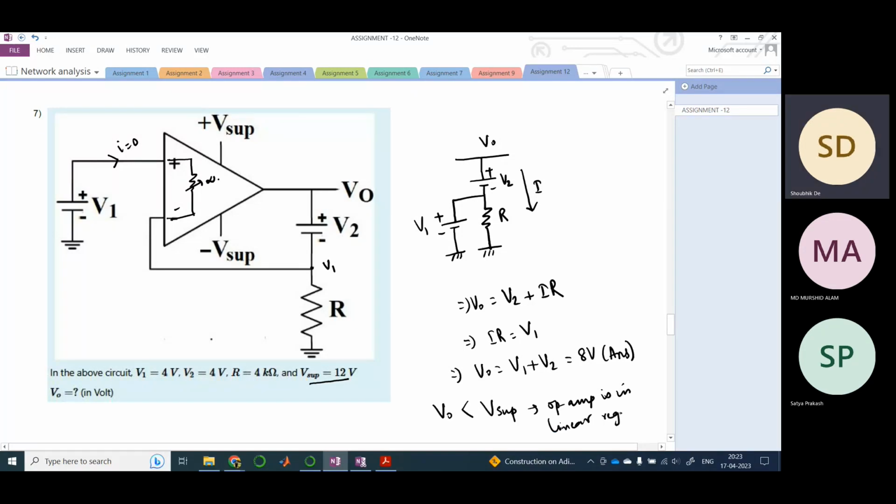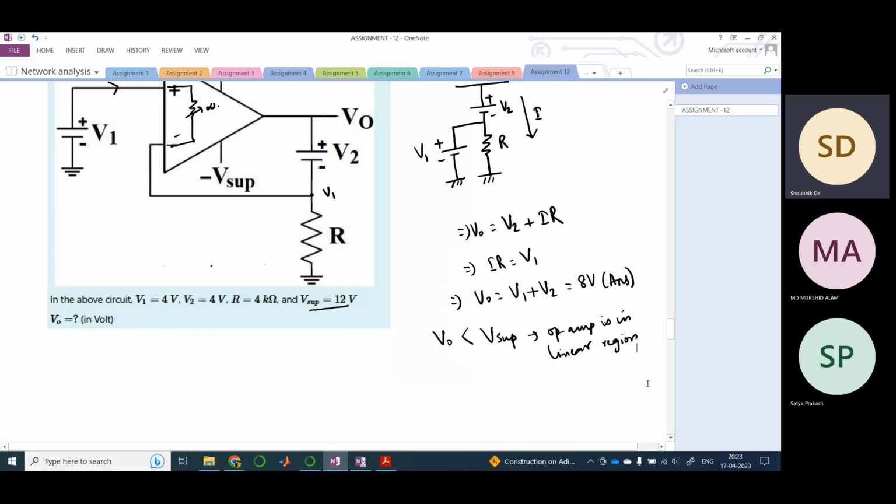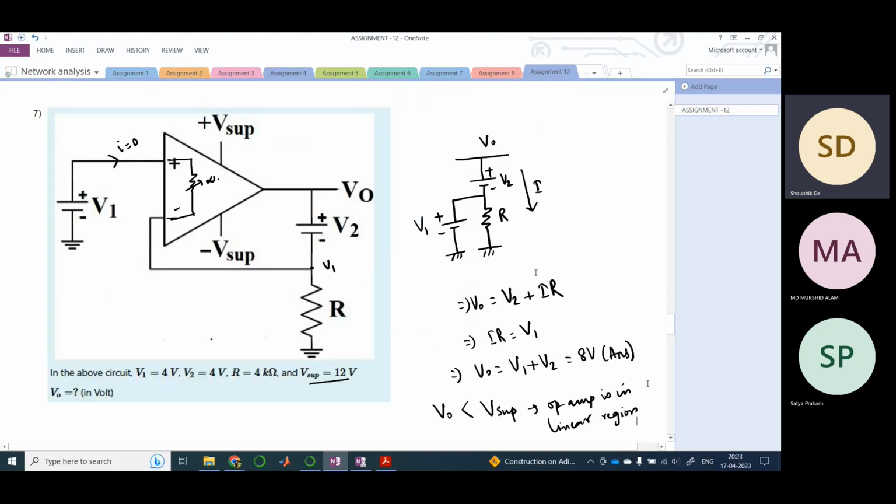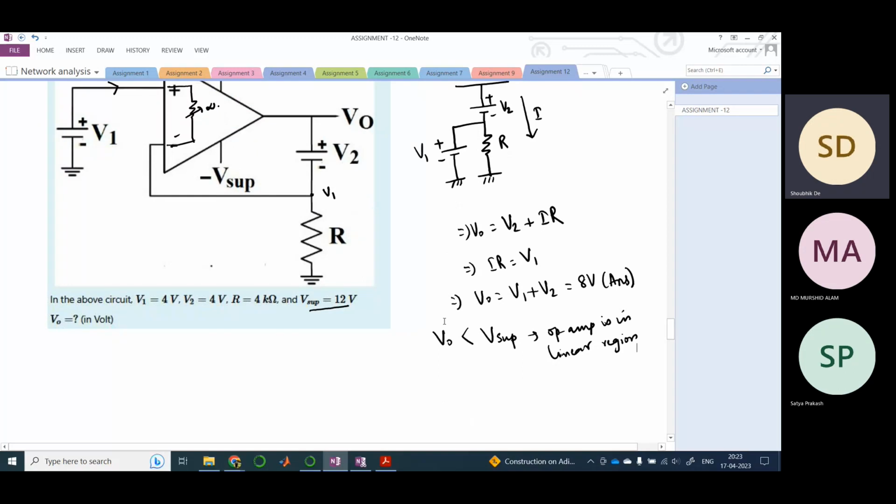So it's not saturated. You need to take care of this fact. Suppose this V1 was, let's say, 9 volts, then V0 would have been 13 volts. Then you can't write 13, your answer would be wrong. You have to write 12 volts, because in that case V0 would be greater than the supply.